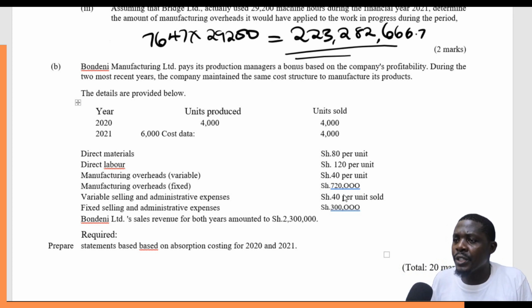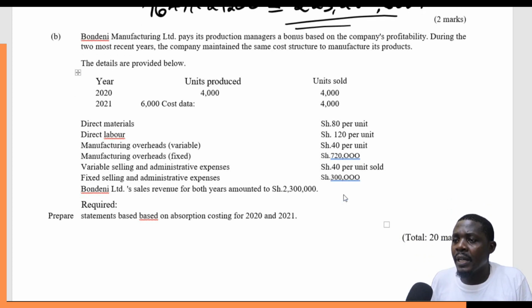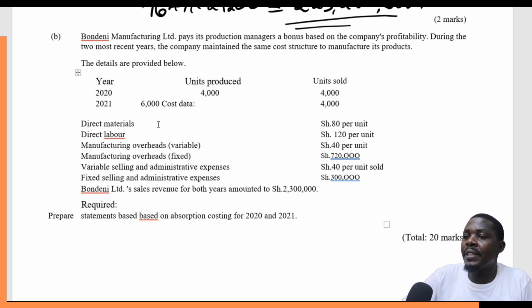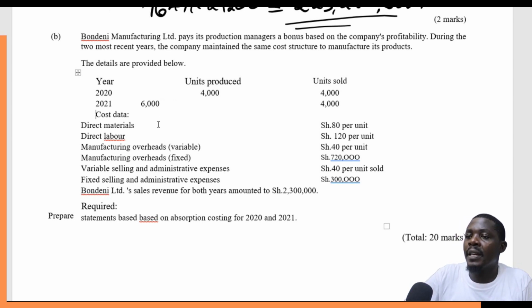We have units produced, which is 4,000, and units sold, 4,000 for 2020. Units produced, we have been given 6,000 for 2021, and units sold as such.